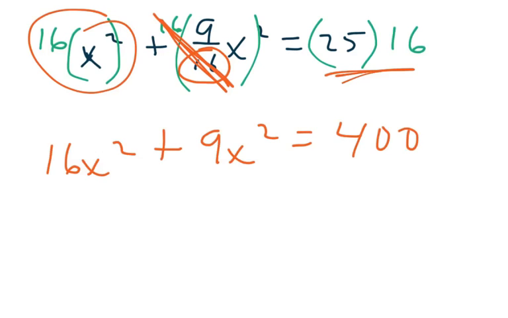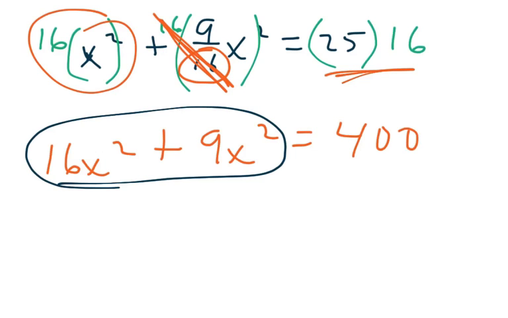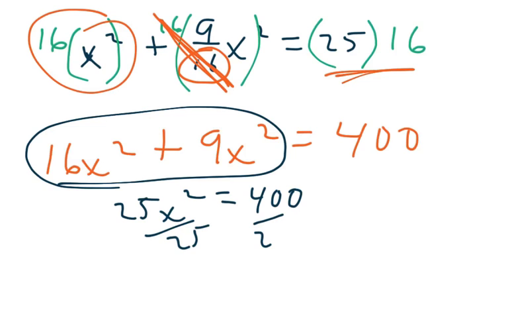But now, guys, my equation's gotten a lot better. And can't I combine like terms? 16 and 9 is 25x squared. And if that equals 400, I can now divide by 25, right? And x squared equals 400 divided by 25, which is 16.